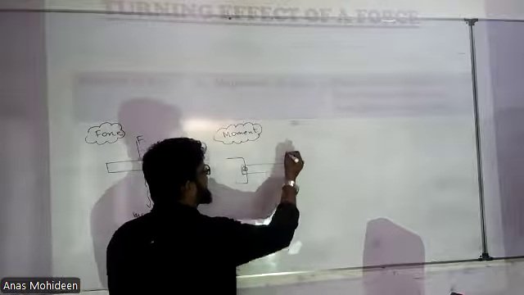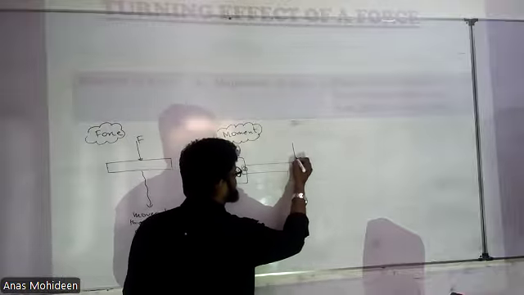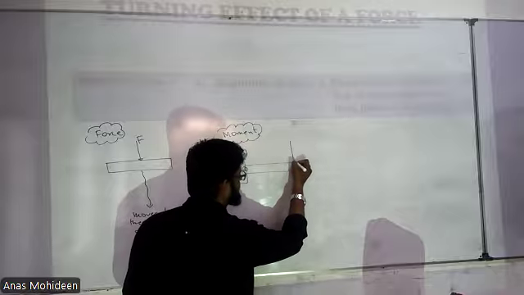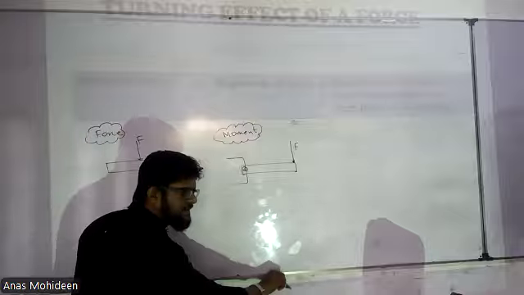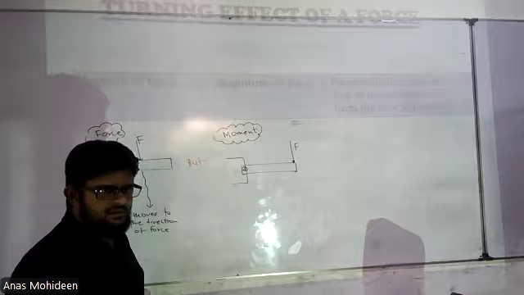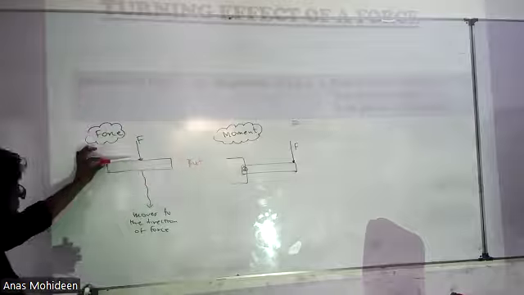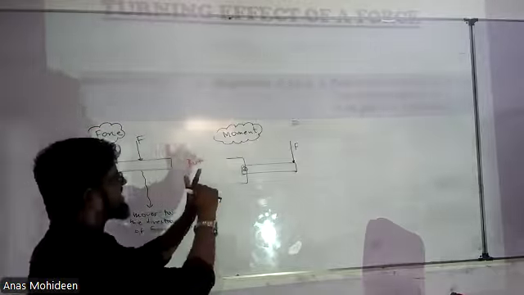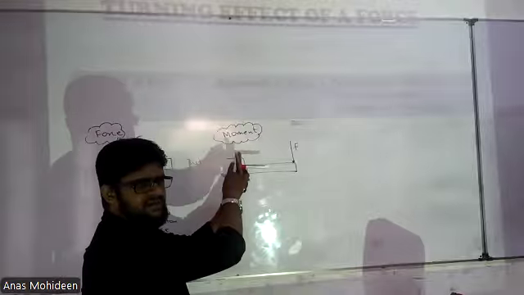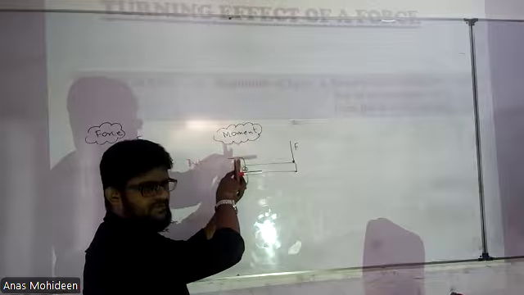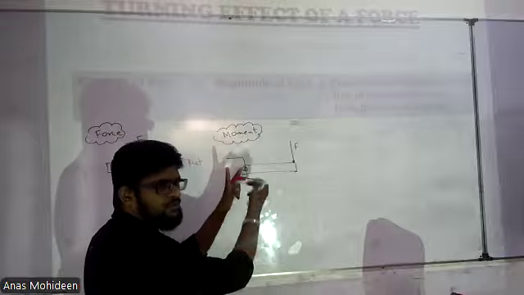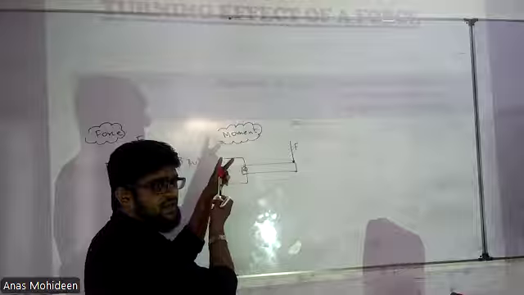Now, when you apply the same force here, would it be completely moving? Tell me. It was there freely, you applied the force, it moved down. Now it is clamped, it is fixed here. When you apply the force, can it move completely like this? No.